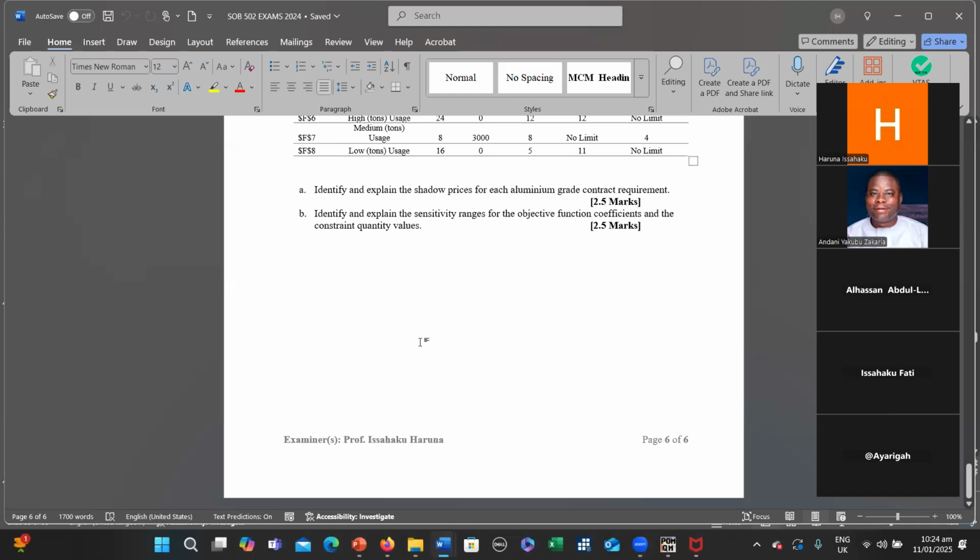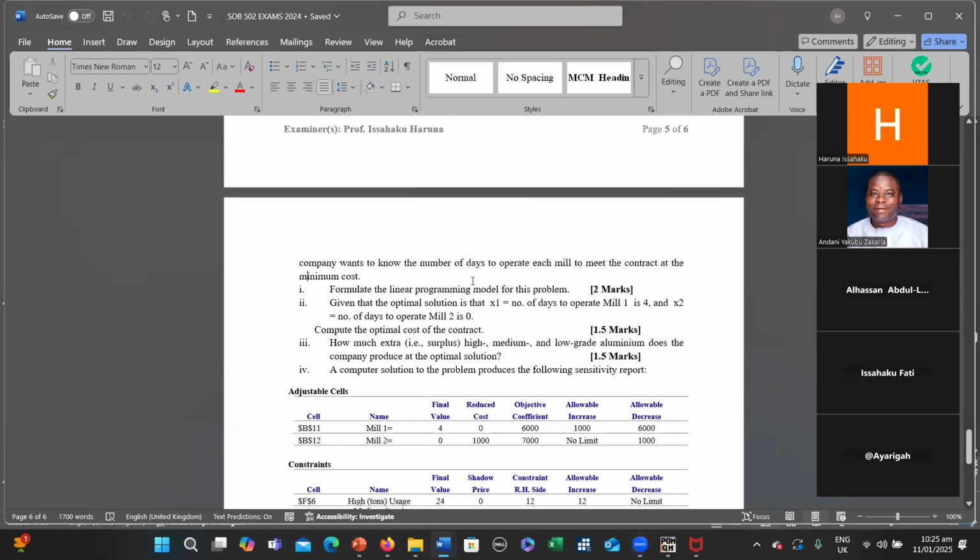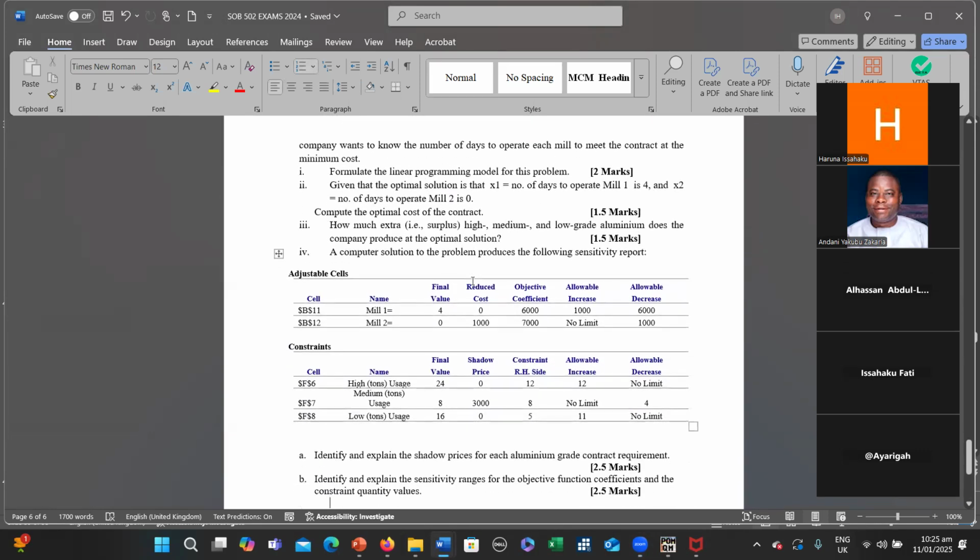These are outputs. So you can see that, for instance, this one, we did the analysis in class, where we talked about allowable increase, allowable decrease, and all those things.